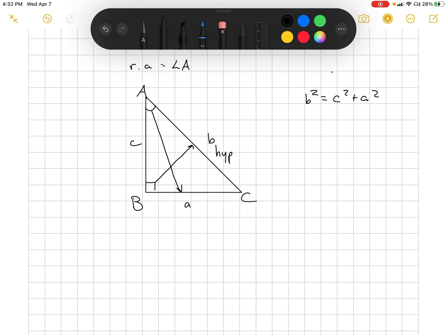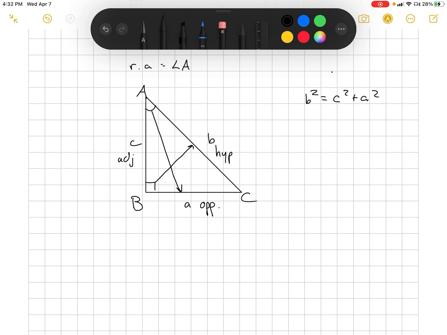You draw an arrow directly out of the reference angle to the opposite side, and that side is what is called your opposite side, or OPP. Okay, by process of elimination, remember that there's three types of sides. There's your opposite, adjacent, and hypotenuse. By process of elimination, we have hypotenuse and opposite. That makes C our adjacent side.